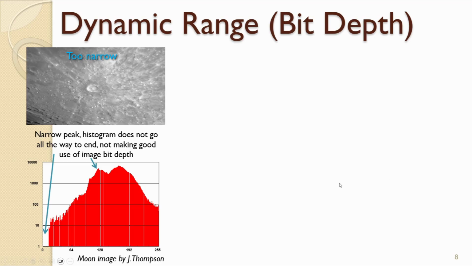The peaks in the middle are very pointy. And there's a gap over here on the dark end where there's no data. So all of these bits here in my image are empty. I'm not making use of them, so this isn't an effective use of the available bit depth.